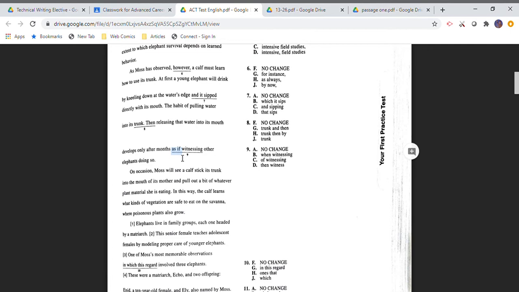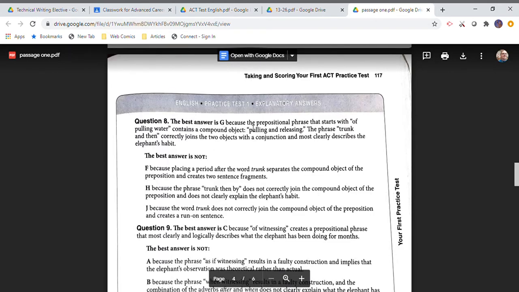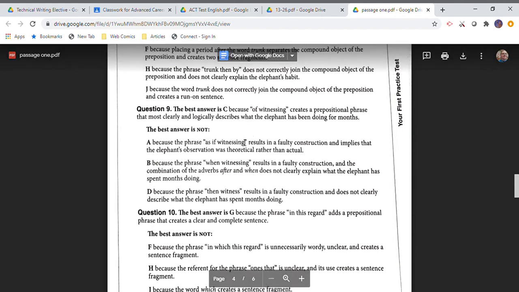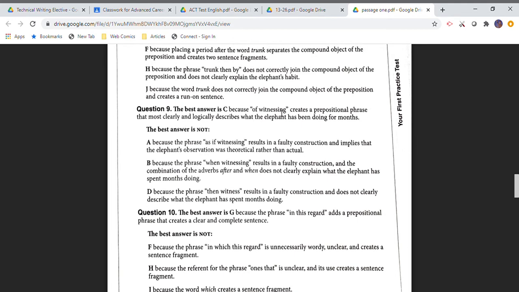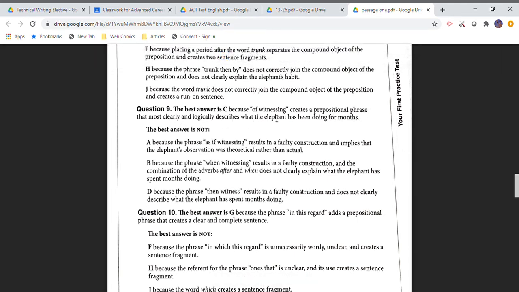You're saying he's doing this thing as if witnessing it would require a whole different sentence. Releasing the water into his mouth develops only after months of witnessing, and that's an option right here, C, "of witnessing." So 9 is C. "Of witnessing" creates a prepositional phrase that most clearly and logically describes what the elephant has been doing for months.